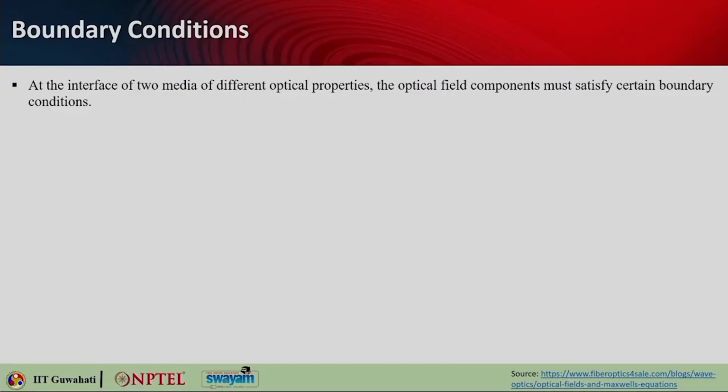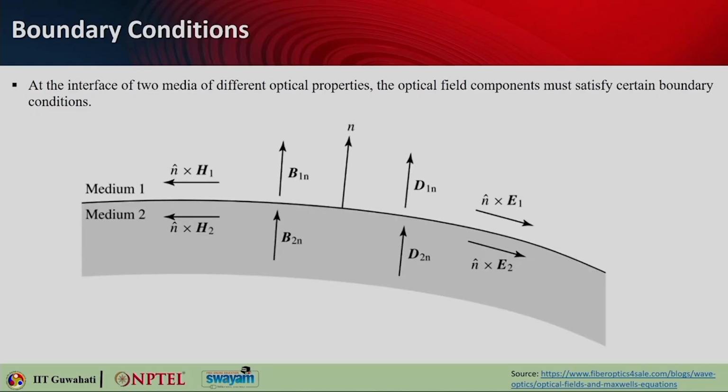So now let us look into the boundary conditions. At the interface of two media of different optical properties, the optical field components must satisfy certain boundary conditions. As you can see, this is medium 1 and this is medium 2, and this is the normal vector showing the normal of this interface.